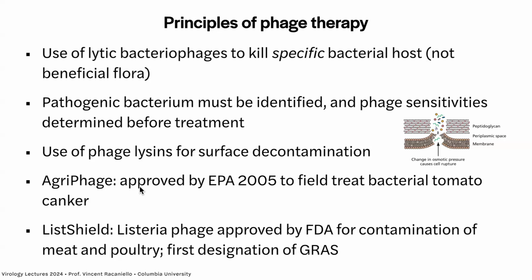And this was the first to get this designation, generally regarded as safe, which is really important to get anything approved for human therapy. So listeria is a bacteria that causes foodborne illness. And so this is used to decrease the bacterial load on the surface of meats. So that's been approved also.